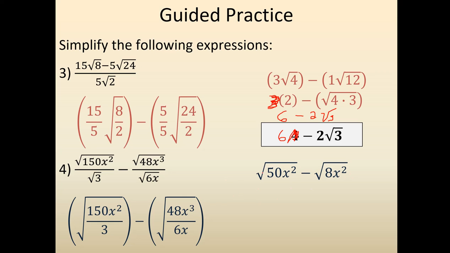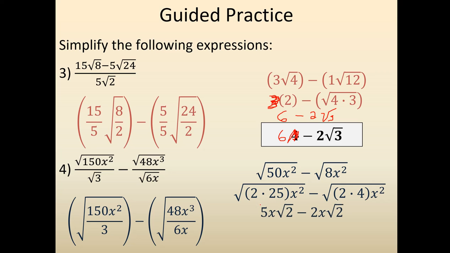And so we end up getting this, rad 50x squared minus rad 8x squared. Both these can be split up into their perfect squares. So this becomes 2 rad 25, and this becomes 2 times 4. 25x squared are perfect squares, which will be 5x, and this will become 2x.